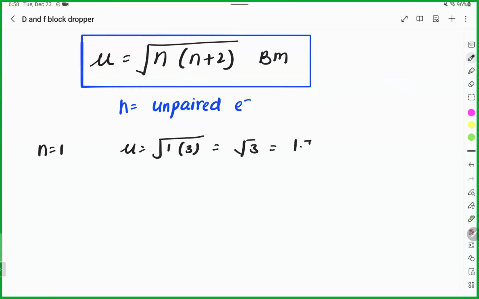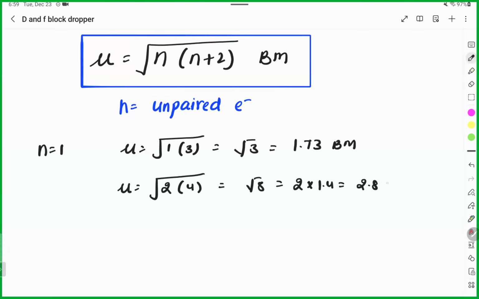It will be 1.73 Bohr magneton. If it is 2, 2 times 4, under root 8, that is 2 under root 2, approximately 2.8 Bohr magneton, right?